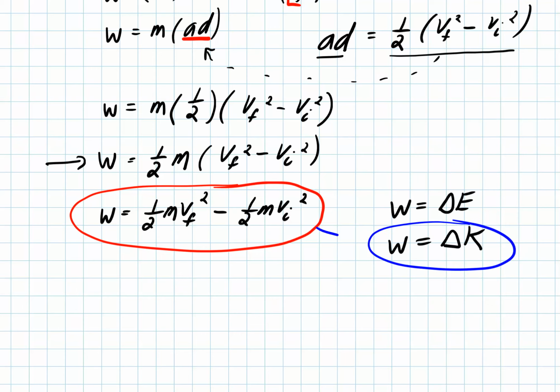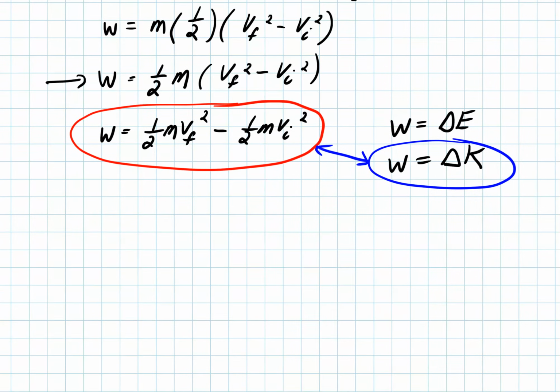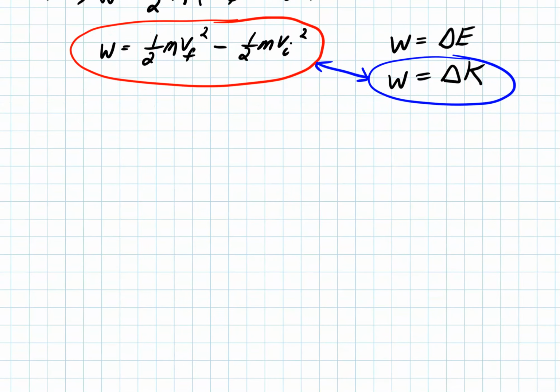So what we're going to do is combine these and say that the change in kinetic energy is equal to 1/2 m V final squared minus 1/2 m V initial squared.